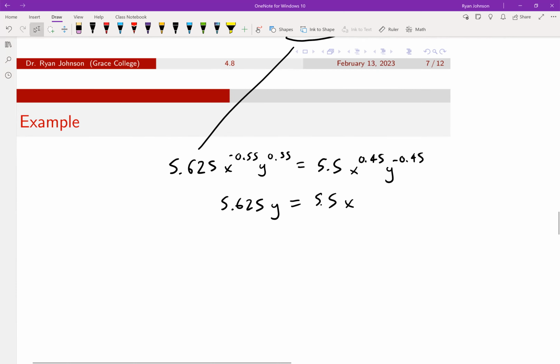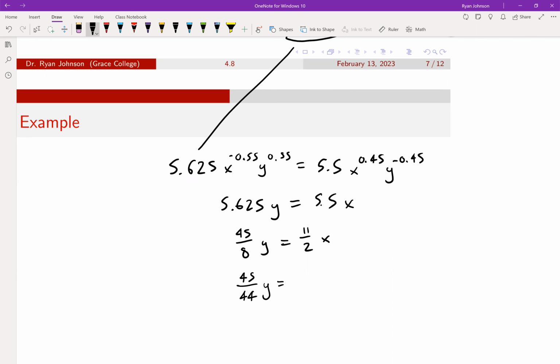So 45 over 8 y equals 11 over 2 x. Multiplying both sides by 2 over 11, you get 45 divided by 4 times 11, which is 44. 45 over 44 y equals x.